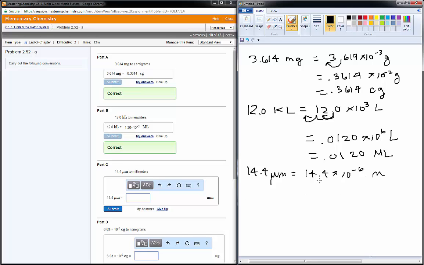Milli is 10 to the negative 3, so I'm going to need to make it 3 places bigger, so I'm going to need to move it to the left by 3 places. So that equals 0.0144 times 10 to the negative 3 meters. So that equals 0.0144 millimeters.